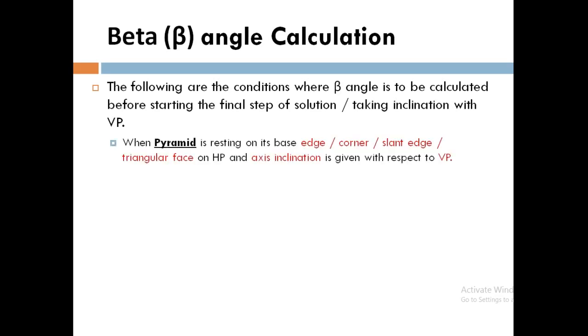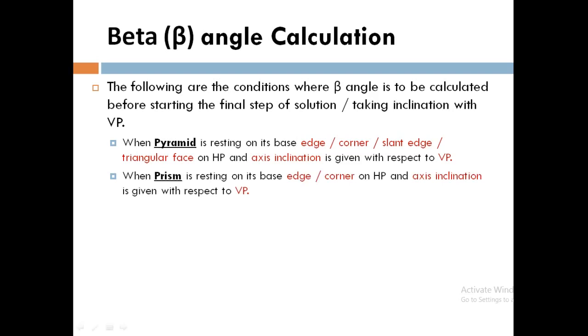The first condition is when the pyramid is resting on either its base edge, a corner, a slant edge, or a triangular face on HP, and if the axis inclination is given with respect to VP, we need to calculate the beta angle. In the next condition, when the prism is resting on either its base edge or a corner and the axis inclination is given with respect to VP, we need to calculate the beta angle.